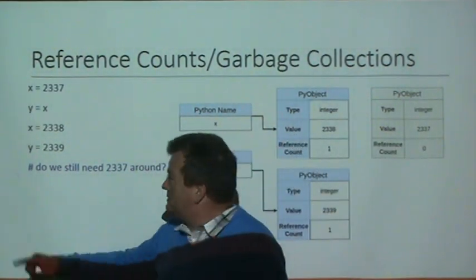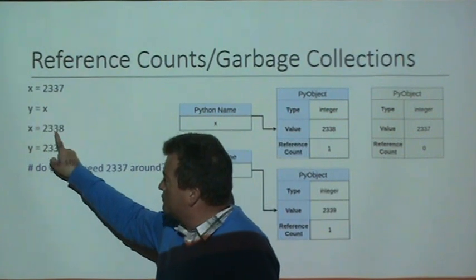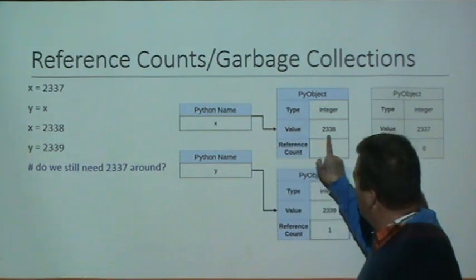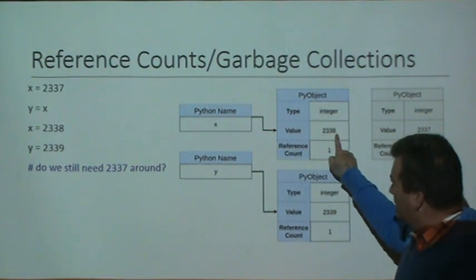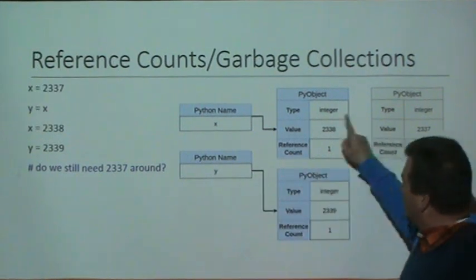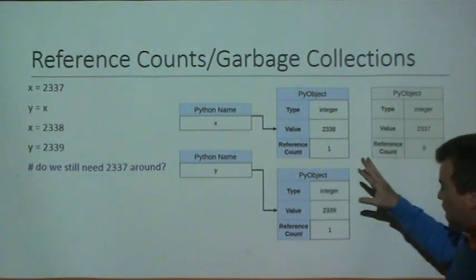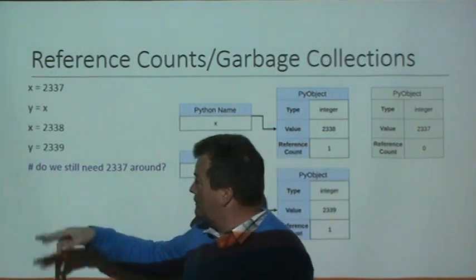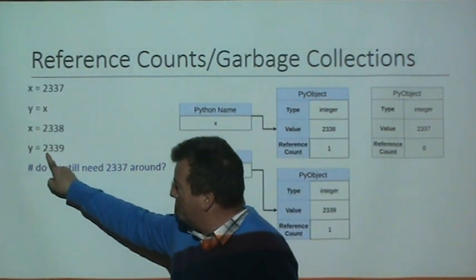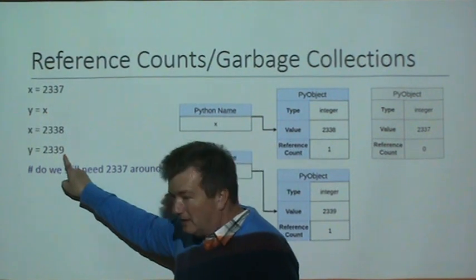Then we came along and said x equals 2,338, which means we create a separate piece of storage with 2,338, and x refers to that one, while y still refers to the old one, so its reference count drops to 1. Then y no longer refers to this one; y refers to a different number, 2,339.